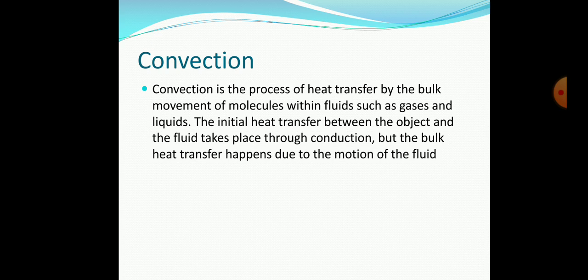In gases and liquids, the initial heat transfer between the object and the fluid takes place through conduction, but the bulk heat transfer happens due to the motion of the fluid.